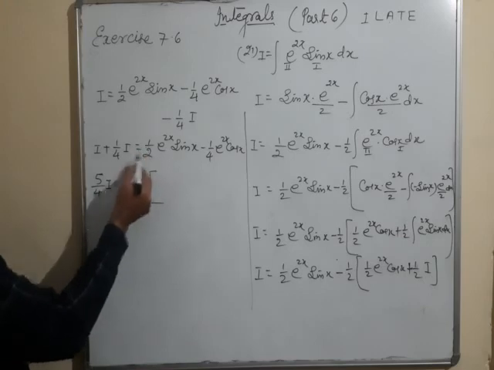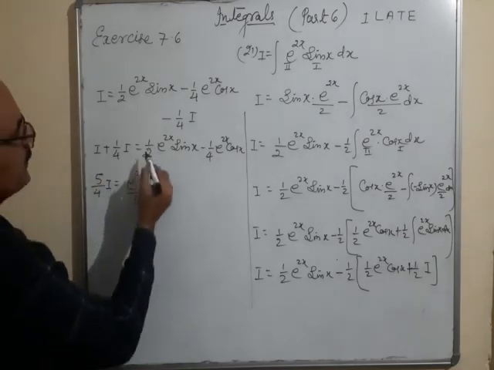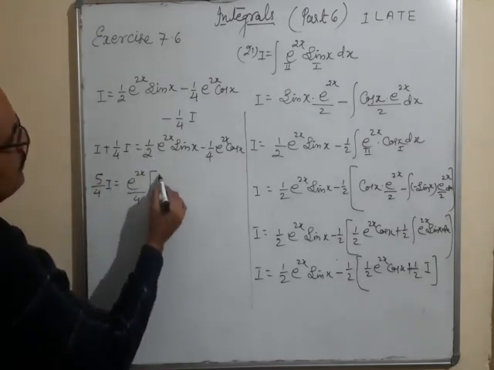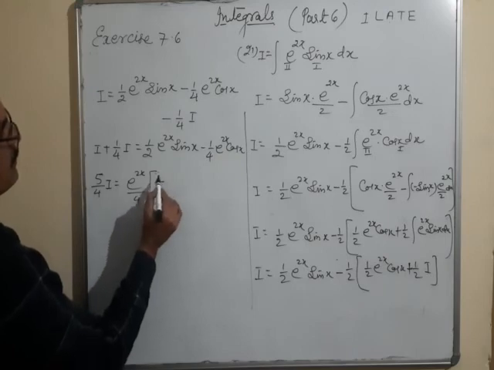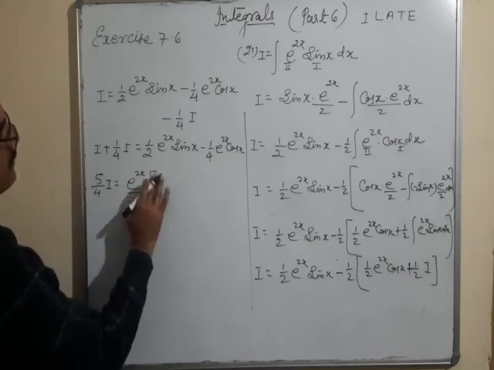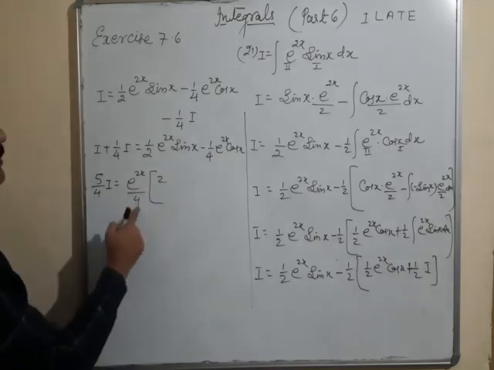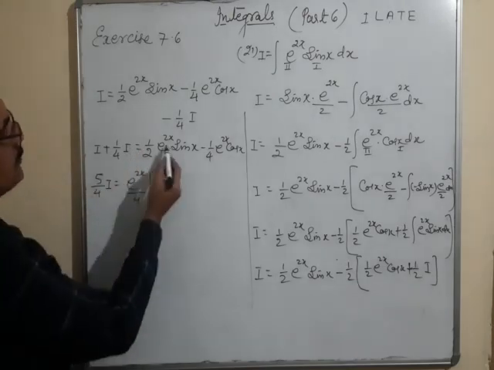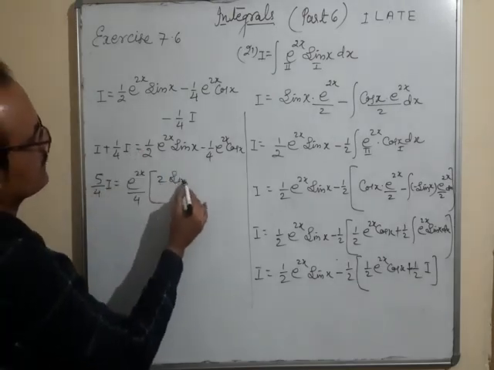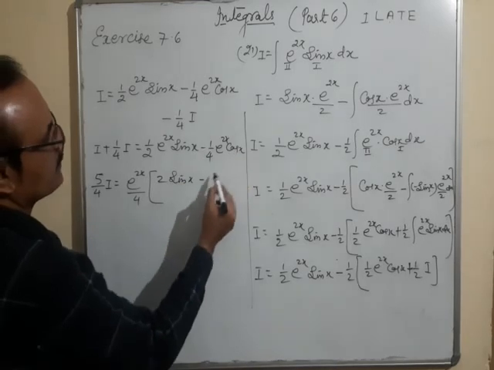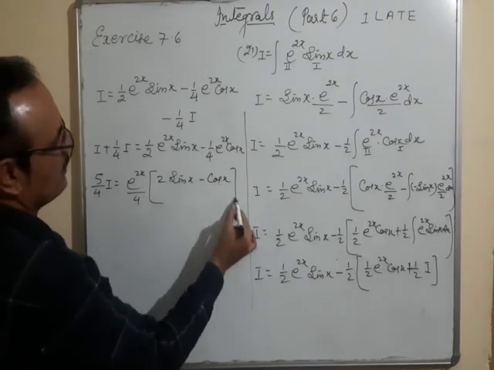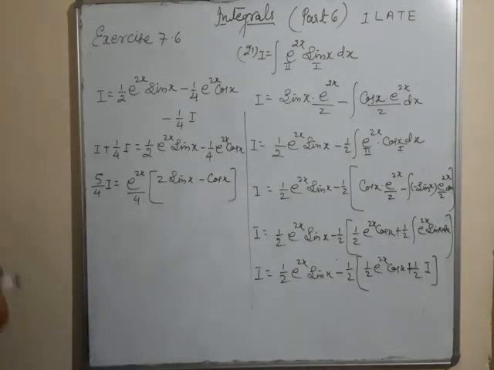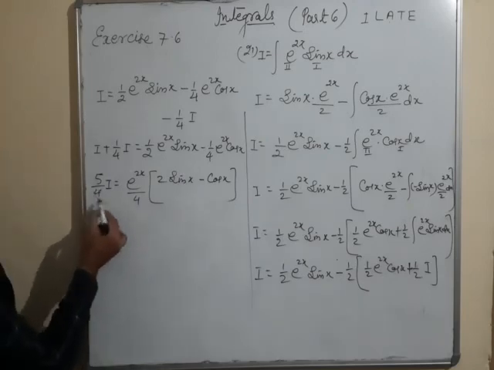I'll take 1 upon 4 common from 1 upon 2. What is left here? 2 is left, 2 upon 4, that is 1 upon 2. E to the power 2x already common. 2 sin x minus cos x. Is it okay? 4 and 4 cancel.